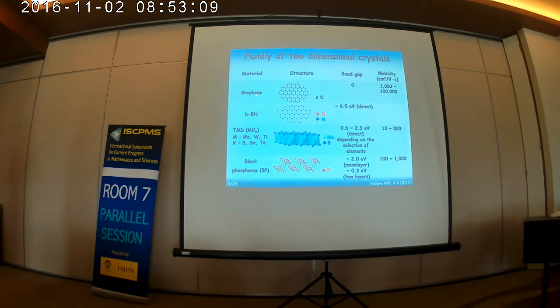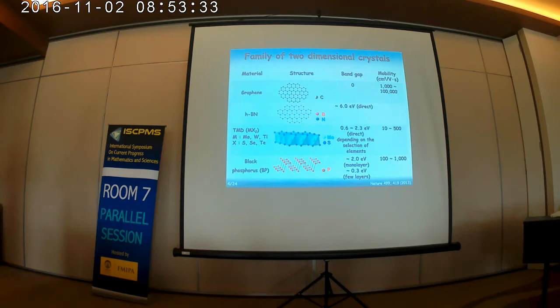However, graphene does not have a band gap. It's a zero band gap, making it very hard to turn the current off once it starts flowing. And this is a big problem for the logic operation. You have 1 and 0, okay? This is a problem for the graphene application.